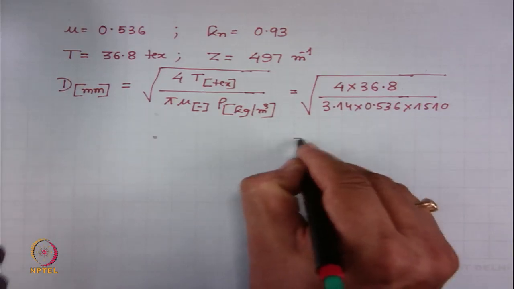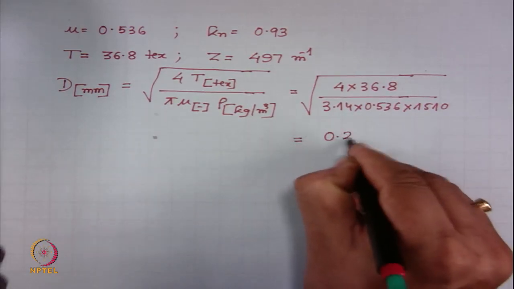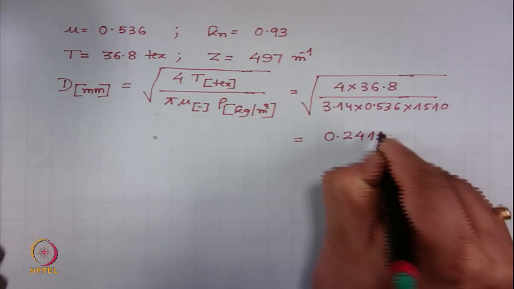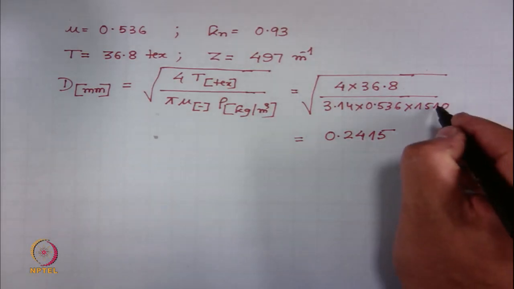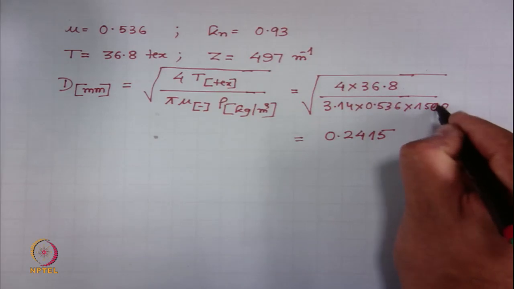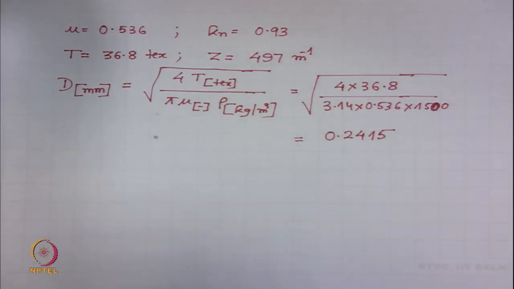So, this value we will obtain, 0.2415 in millimeter. Let us consider it as 1500. Viscose fiber density is 1.5 gram per cc.